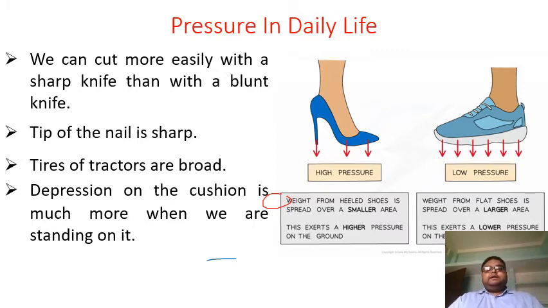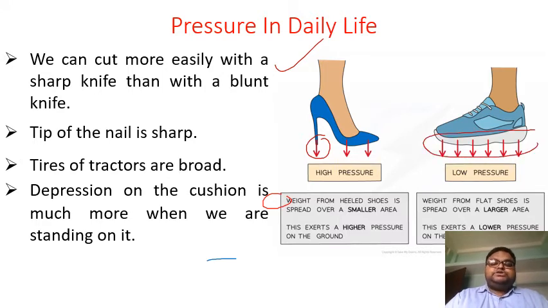Now let's look at this picture. Can you see this picture, students? You might have seen some people wear heels, isn't it? When you are wearing a heel, what will be happening? The weight is spread over a smaller area.